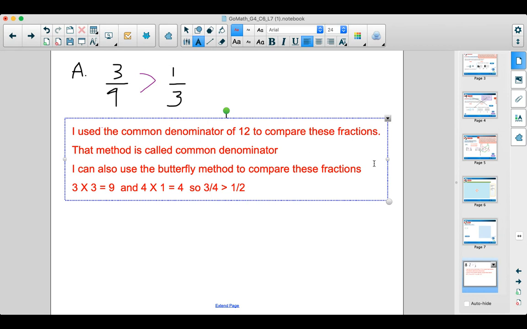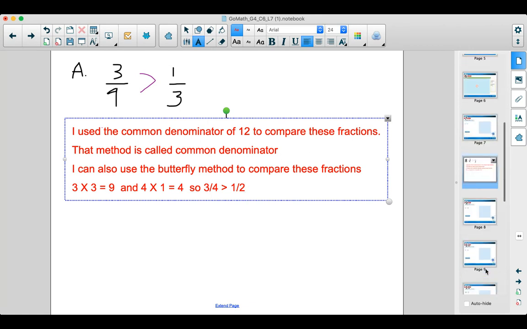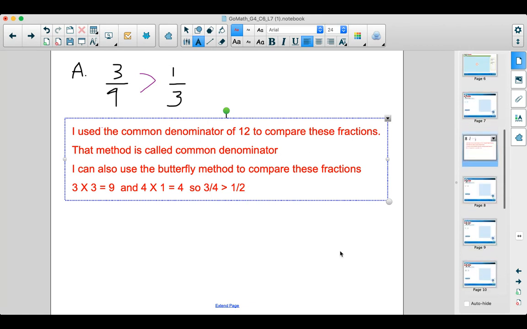Okay, so on your own, please complete page 366. I do want you to complete the bottom number 1 and 2. Number 1 says, which method would you use to compare 11/12 and 5/6? And number 2, on the bottom of page 366, can you use simplest form to compare 8/10 and 3/5?